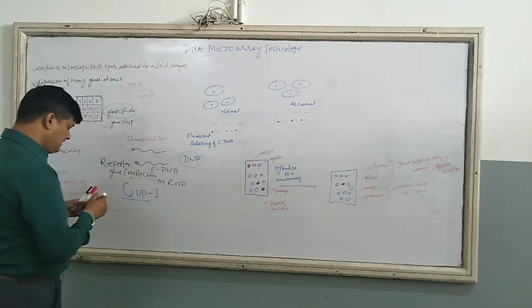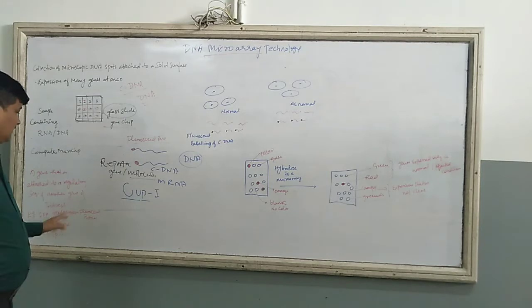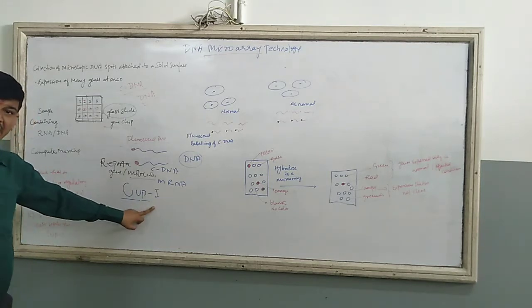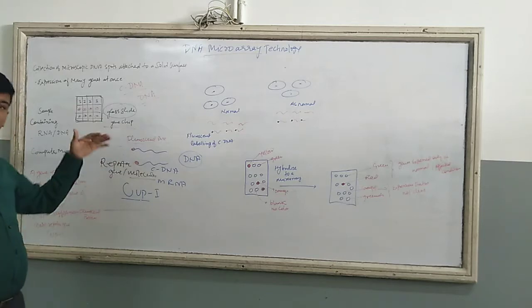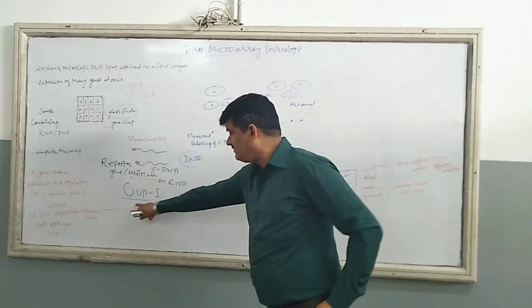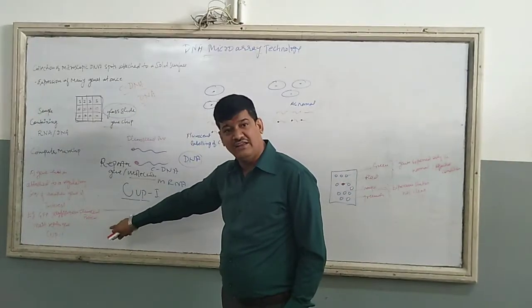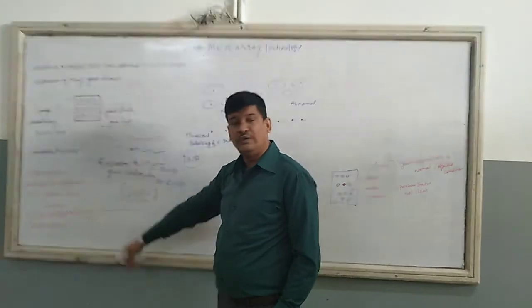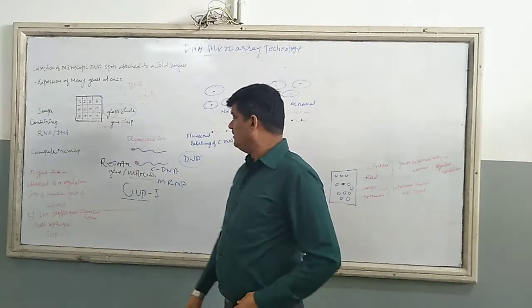CU stands for copper. So the reporter gene CUP1 provides the yeast the ability to grow in a copper-containing medium. It means when the CUP1 gene is present in the yeast, it enables the yeast to grow in the copper-containing medium.